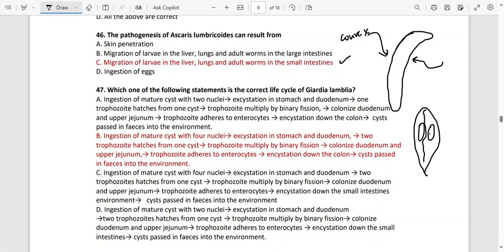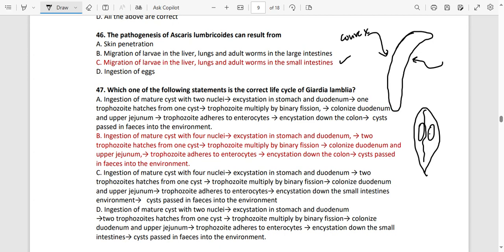So I was saying this Giardia is spread fecal-oral, but for homosexuals it can be spread by sexual contact. What else should we know about this guy? Because it is fecal-oral, it causes diarrhea.